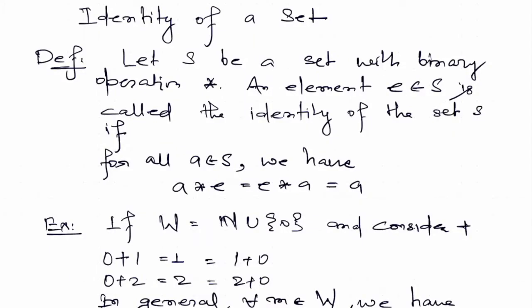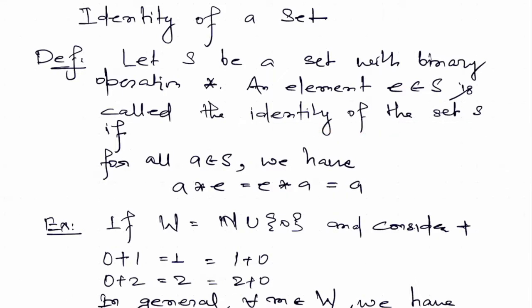In this video, we learn about identity of a set. Suppose you have a binary operation star on set S, then an element E of set S is called the identity of the set S. Now look at the phrase identity of the set.